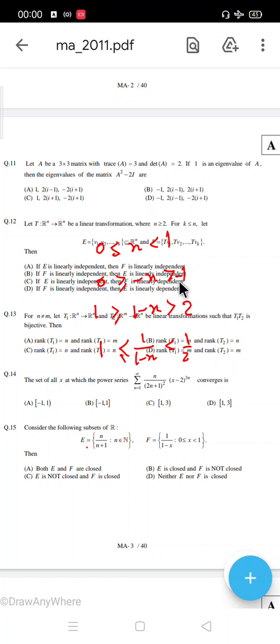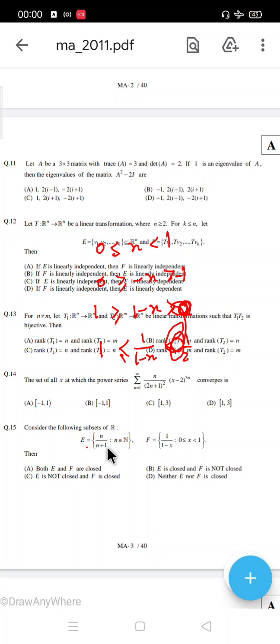This should be minus 1, sorry. Then this will be 0. Forget about this part. Greater than 1 point, that is. So F is not closed.